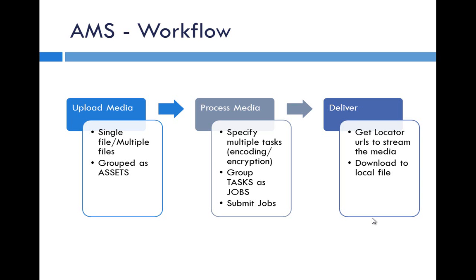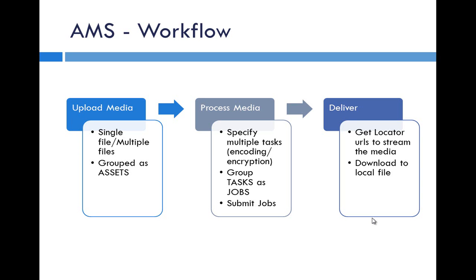Then the processing of media. Now you can go ahead and submit jobs for each of the assets to transcode it, to encode it, to make it PlayReady protected, or to make it readily available for smooth streaming.